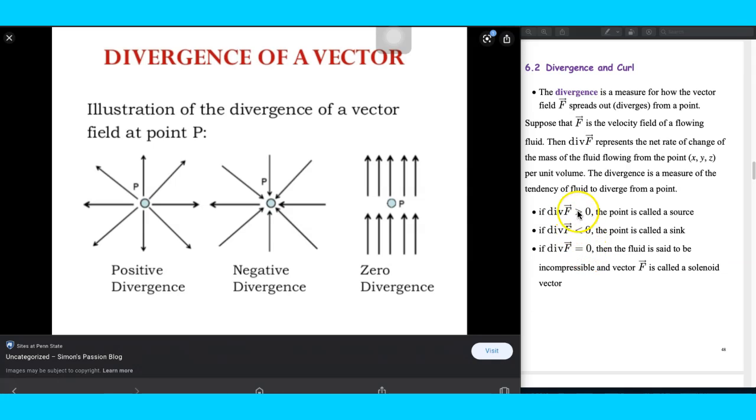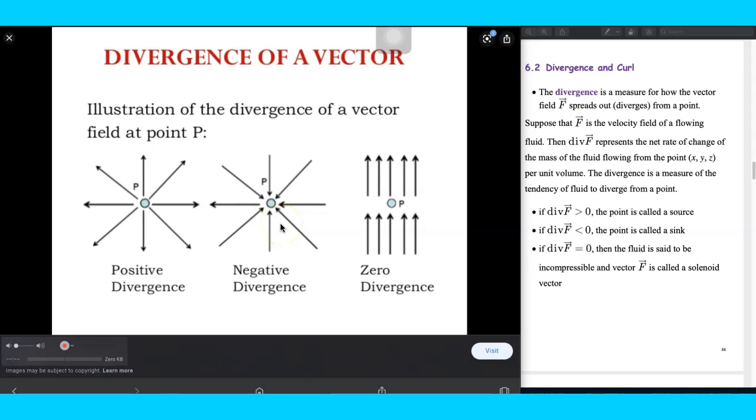So what is the physical meaning of this? Here we can see the flow of the fluid. If you get the divergence positive, then this point P is a source point.